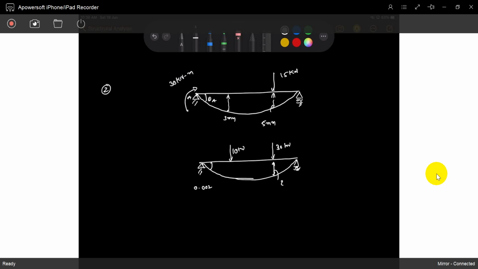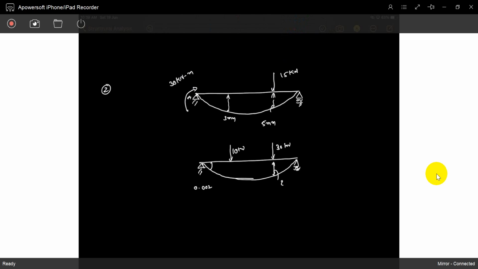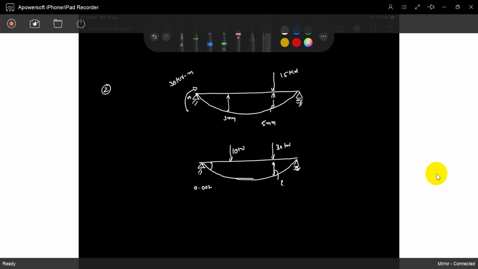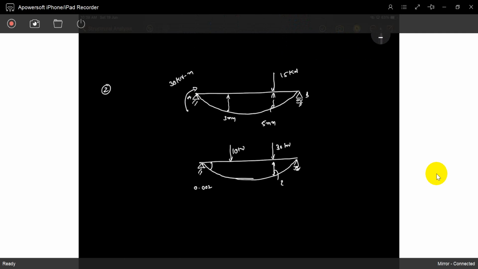So see, this is A, this is B. A 30 kilonewton meter moment and a 15 kilonewton force are applied, with 3 mm and 5 mm deformations.